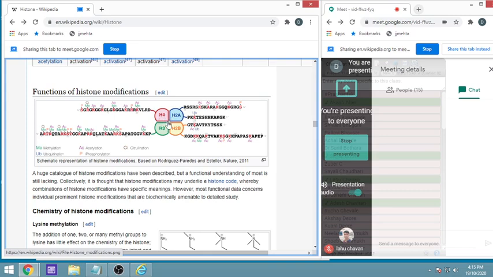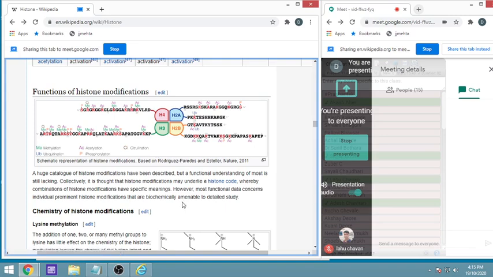Here is the H2A family, the H2B family. Various amino acids are attached in the tails. On a tail, wherever there is a lysine K, it is either acetylated or methylated. These amino acids are modified accordingly.